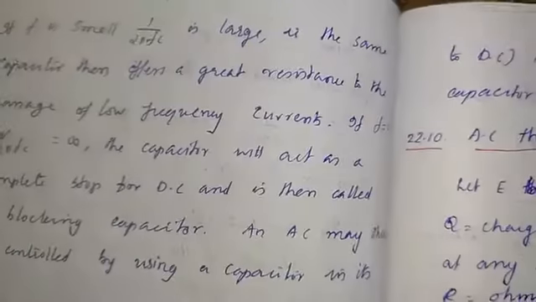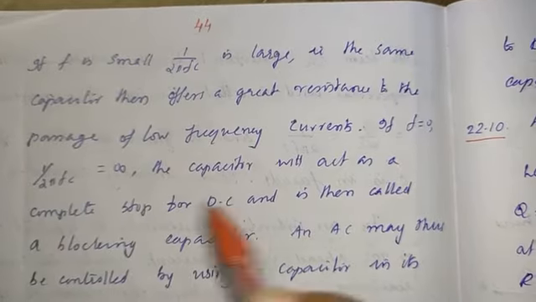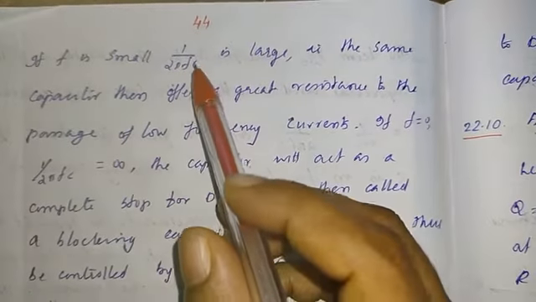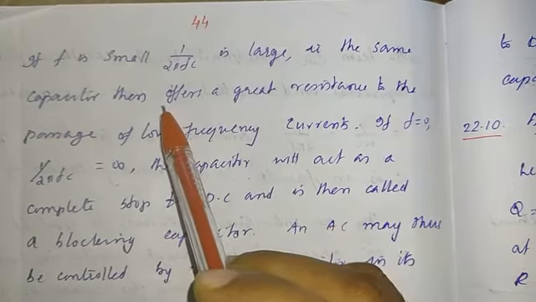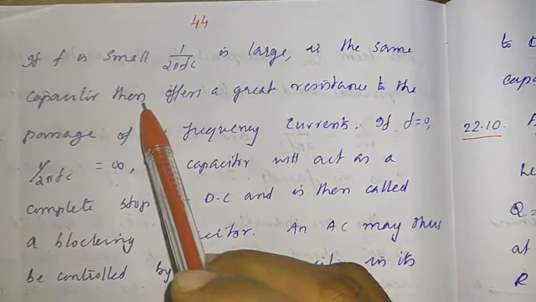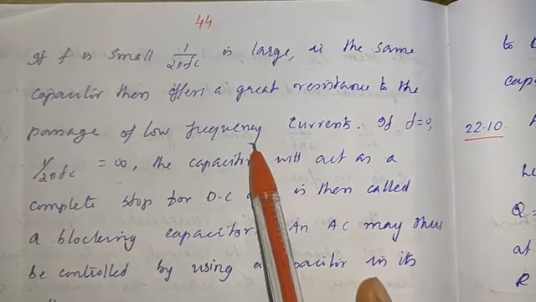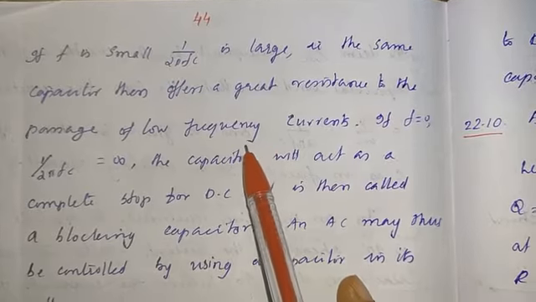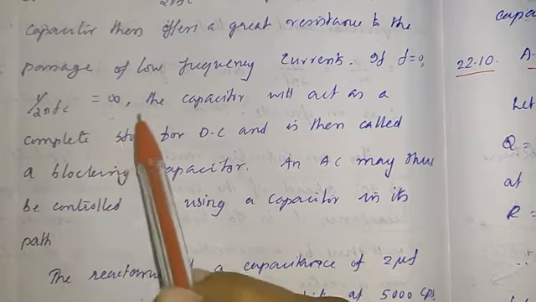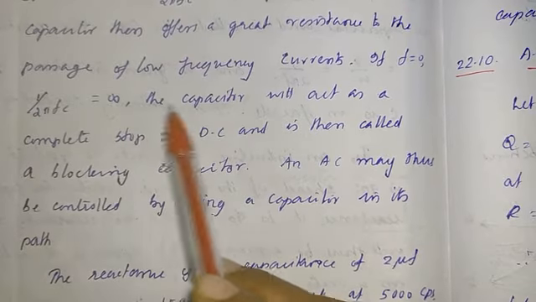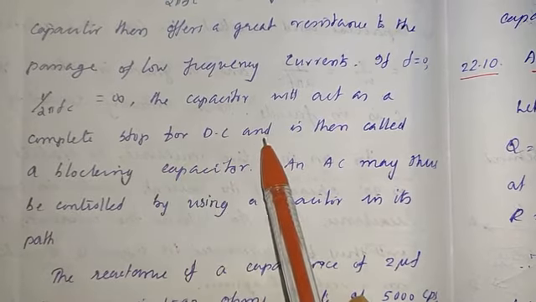And if F is small, 2 pi Fc is small, so since F is in the denominator, the capacitive reactance is large. That means it offers a great resistance to the passage of the low frequency current. And if F is equal to 0, 1 by 2 pi Fc leads to an infinite value, and the capacitor will act as a complete stop for DC.